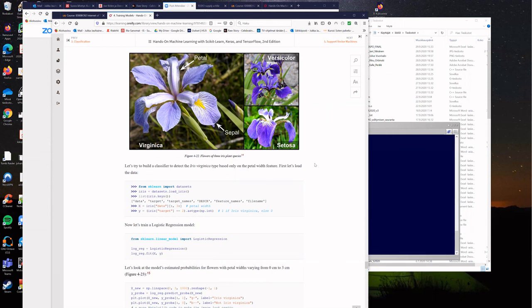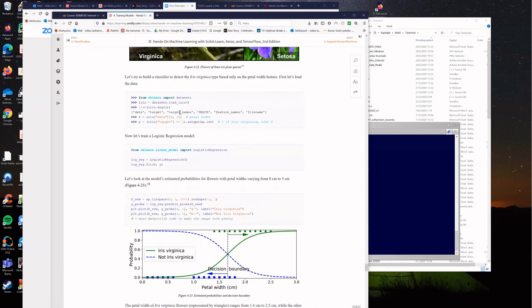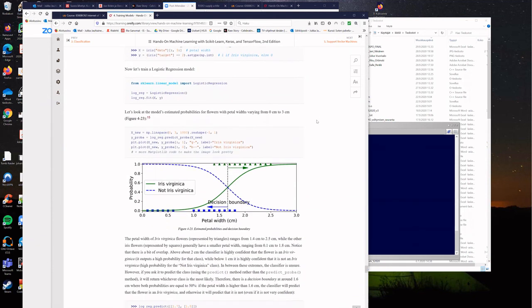So then you can use the logistic regression function. Here the dataset is loaded. So now the petal widths vary from 0 to 3 centimeters.